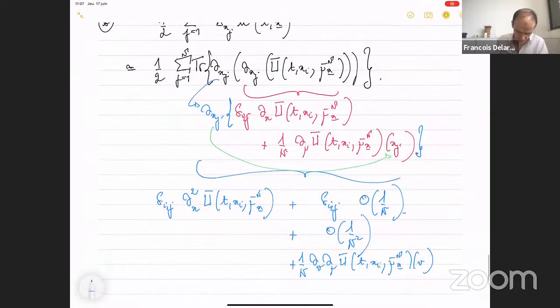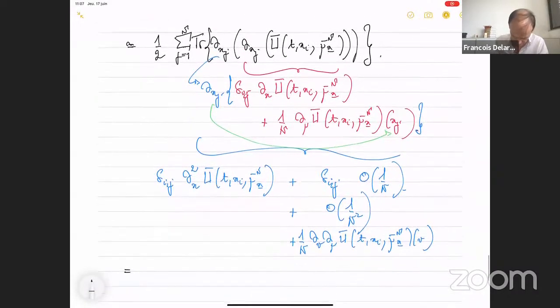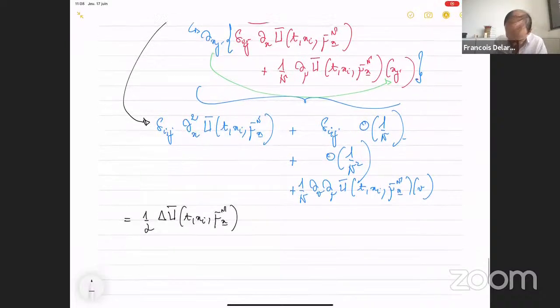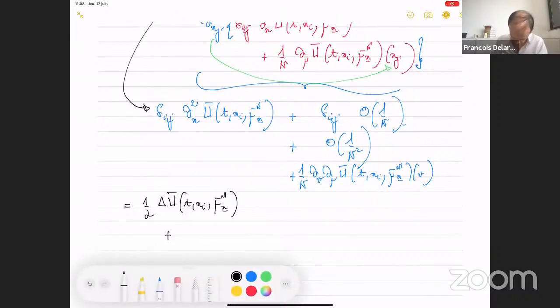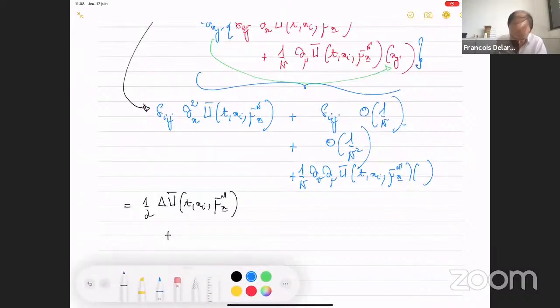Very good. So where are we at the end of the day? We said that this is equal to, so the first term here, so when you make the sum over the Kronecker symbol, you just have 1/2 the Laplace. And then you will have the sum over the j's. I'm sorry, I made a mistake here. This is not v, this is xj. Sorry about this.